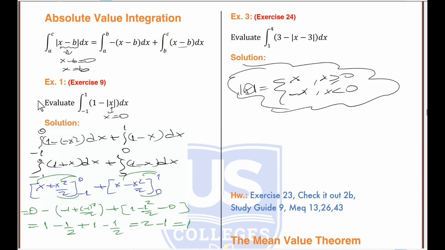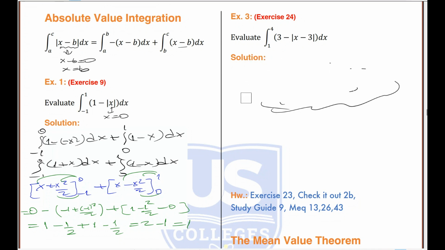Let's take a look at another one by using the same idea. Let's find the boundary number or critical value first. So what makes absolute value 0 here? X minus 3 is 0, then x being 3. So I'm going to break this integral into two pieces.